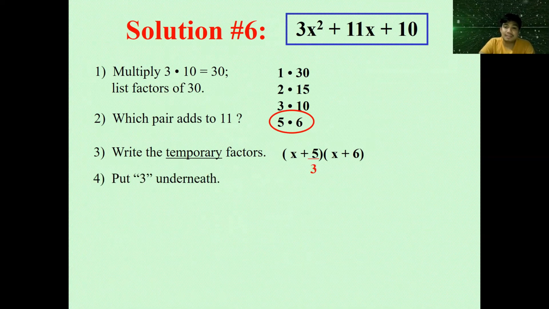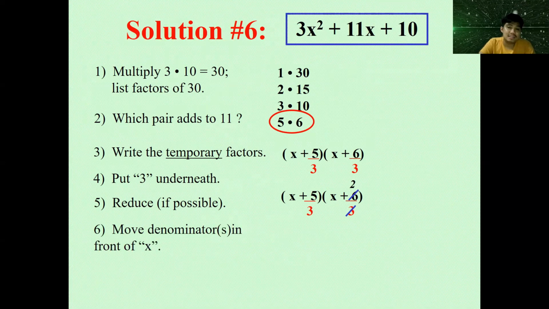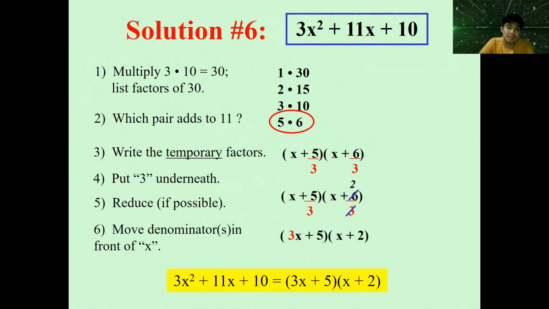We have over 3, and then we have over 3. So we're going to reduce those fractions na pwedeng i-reduce. We have x plus 5 over 3, and then we have x plus 2, kasi 6 divided by 3 is 2. And then, lahat ng nasa denominator, itatabi na natin doon sa x. So we have 3x plus 5 times x plus 2. So the factored form of 3x squared plus 11x plus 10 is equal to 3x plus 5 times x plus 2.